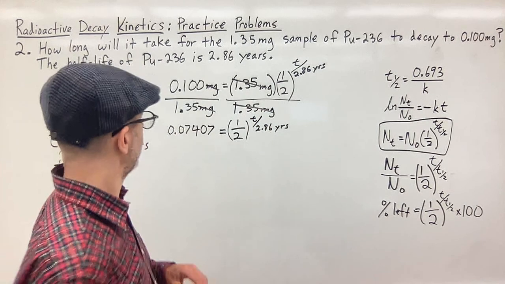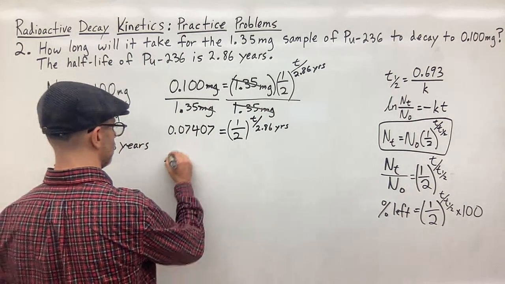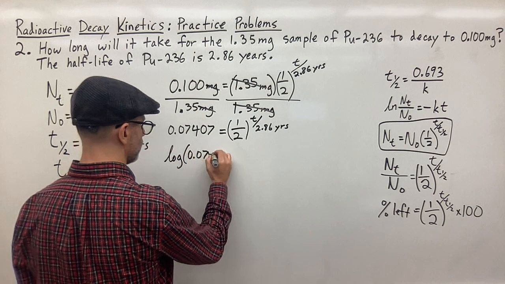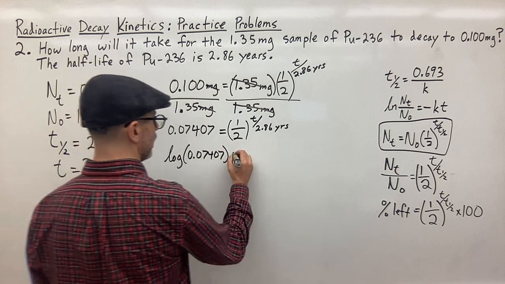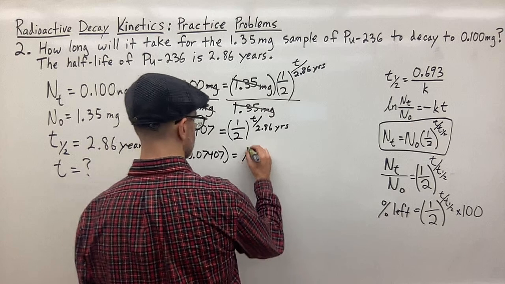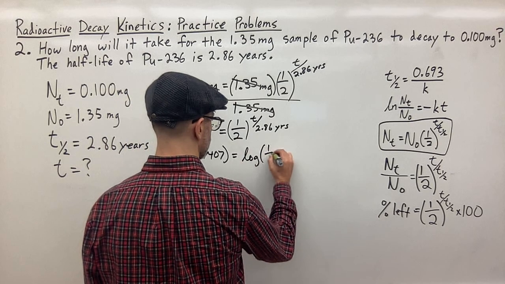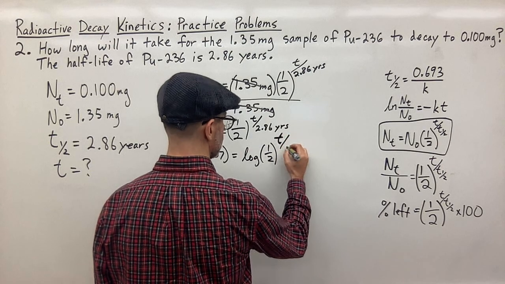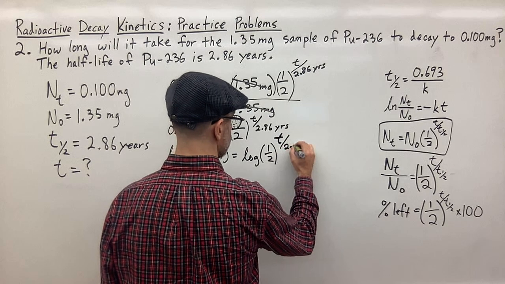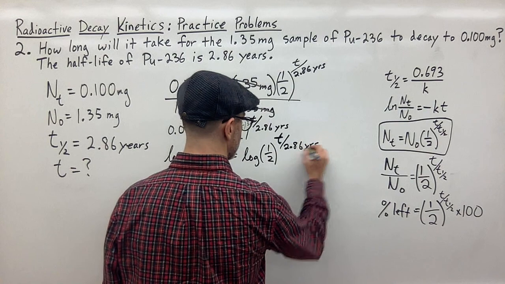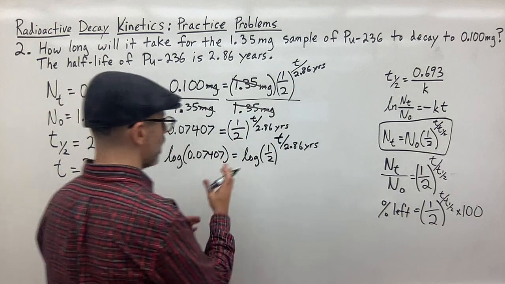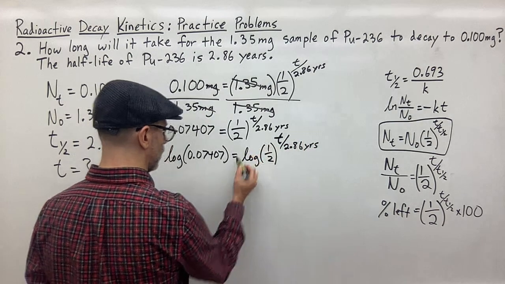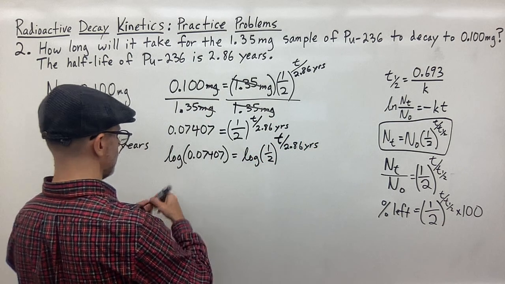Okay. And so then I'll have the log of 0.07407. That's going to be equal to the log of 1/2 raised to the power of t over 2.86 years. And so using our log rules, I can move this power down in front. So let me take the log of this.